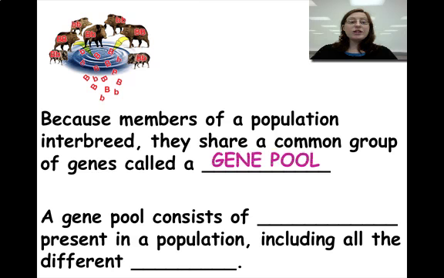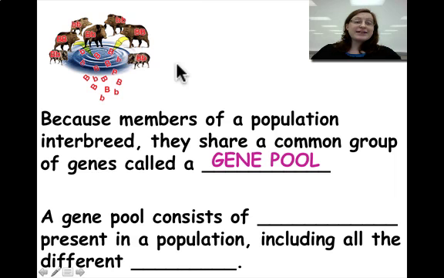We call that a gene pool, and the diagram up here is showing you here are a bunch of organisms, and these are their genotypes. Some of them are homozygous dominant, homozygous recessive, or heterozygous. And then through random mating that occurs in the population, we're going to mix up the possibility of bringing these different alleles together. So all of the alleles within a population are called a gene pool.